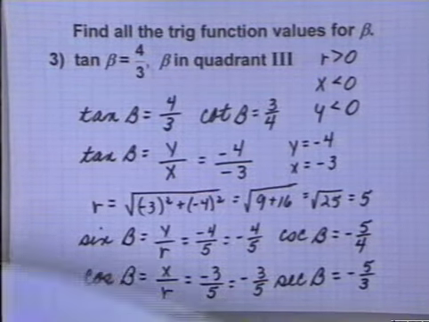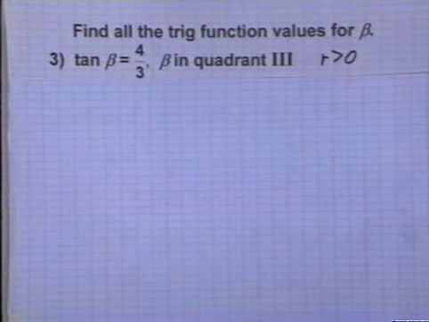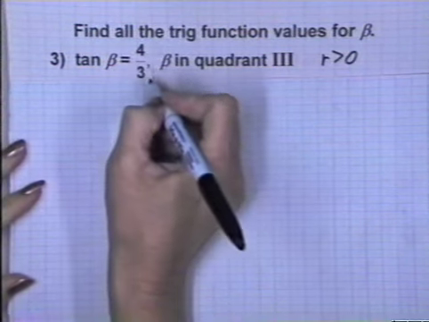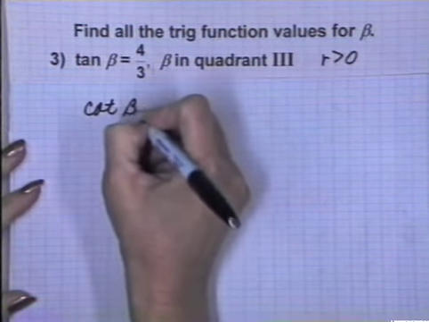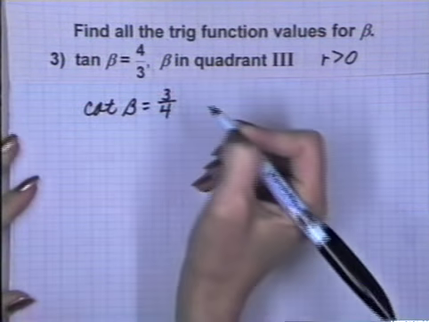Let's work that problem again, and let's use reciprocal identities and Pythagorean identities. Okay. Now, using the reciprocal identity, if I know the tangent of beta equals 4/3, then I know that the cotangent of beta equals its reciprocal, which is 3/4.